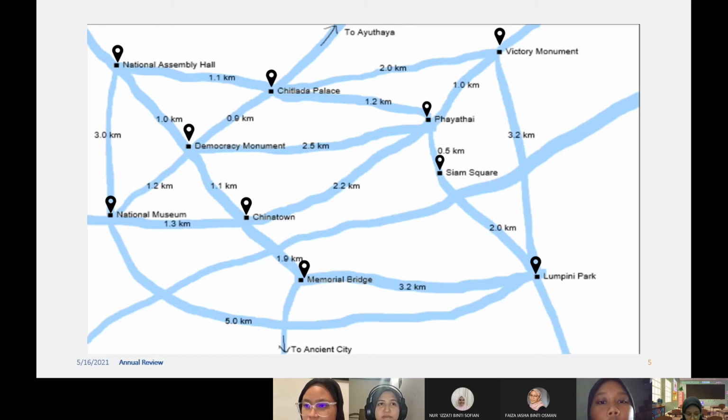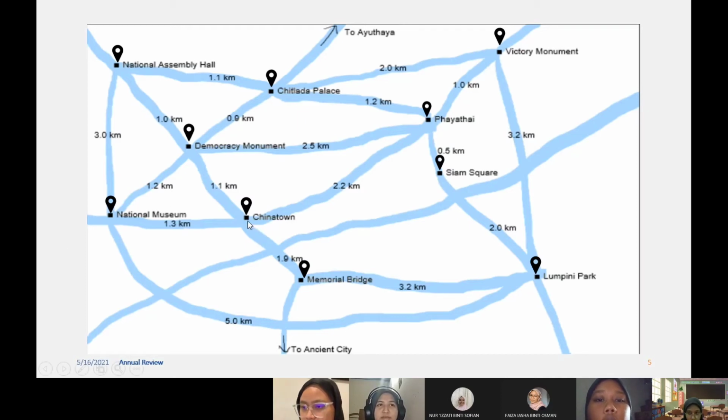So the only vertices or cities left that we can choose are National Museum and Chinatown. When we compare these two, the route to Chinatown is much shorter than the route to National Museum. Therefore, we choose Chinatown.